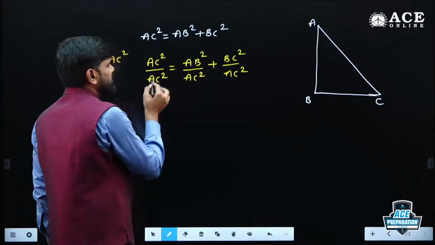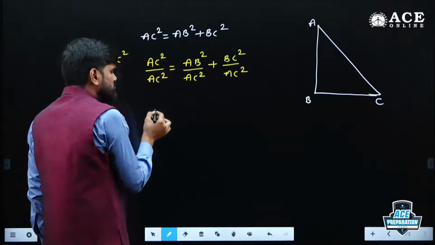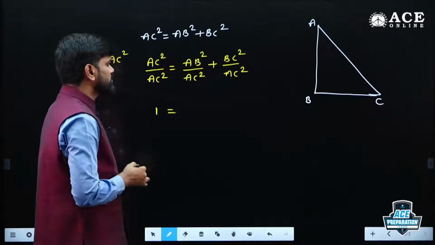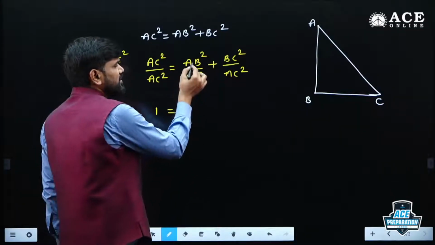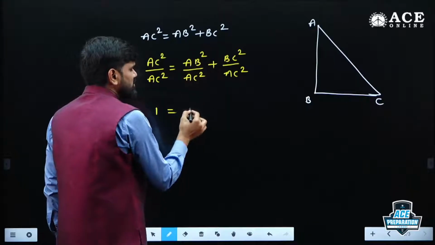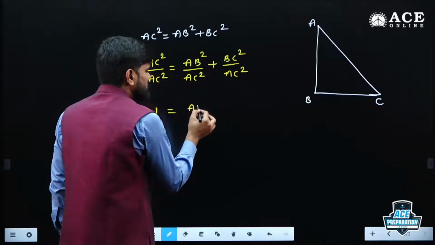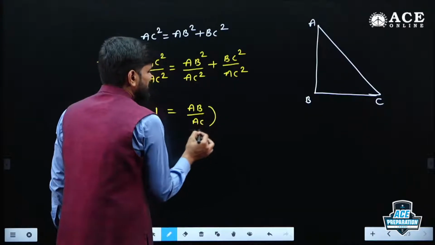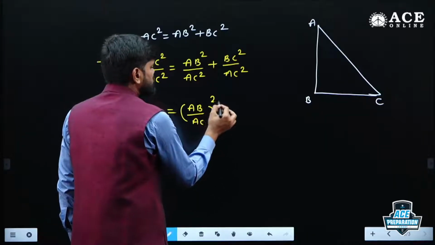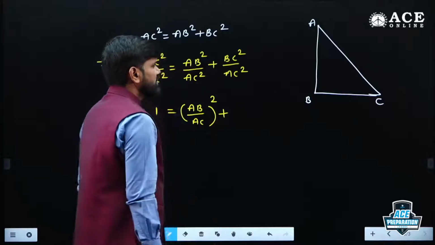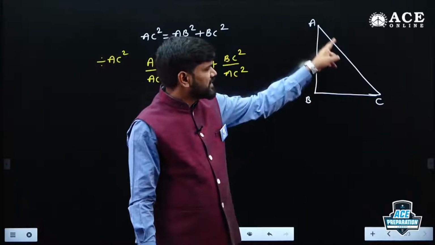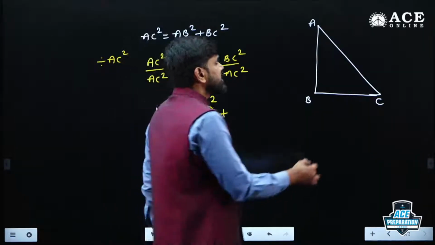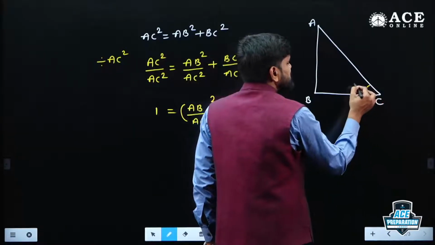And on further simplification, AC square by AC square is nothing but 1, that is equal to AB by AC whole square. AB by AC represents what? We will see. AB by AC represents sin theta. So AB by AC is representing sin theta.